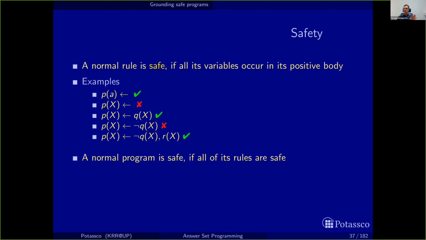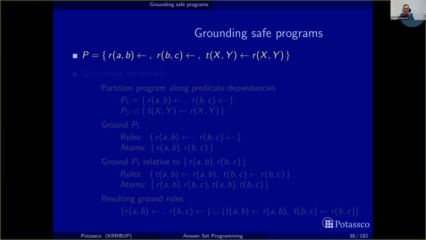Once you have safe programs, you can do what is called semi-naive database evaluation. That's what modern grounders like Gringo, which underlies Clingo, and the grounder in DLV are doing. Let's look at our program and sketch how things work. The first thing the grounder does is parse the program and build the graph of strongly connected components.